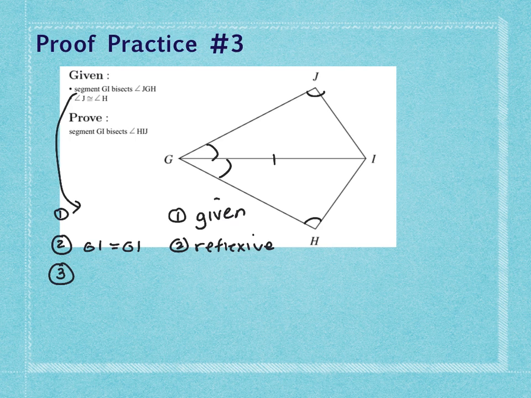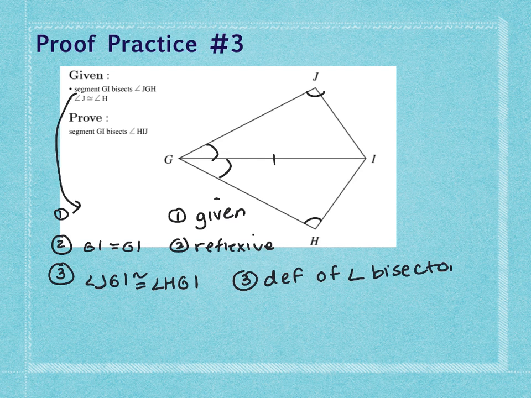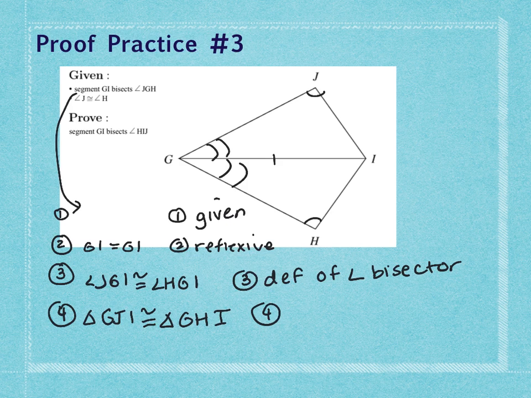So this would be congruent to this. I made it longer. Are the triangles congruent? Yes. Why? Angle, side. And then you bring in angle JIG is congruent to angle GIH.